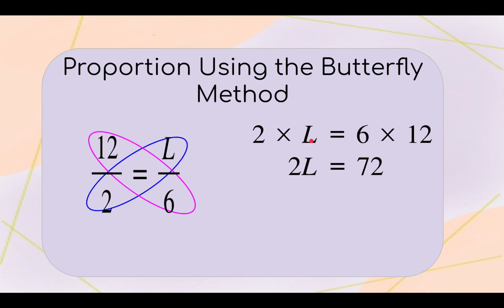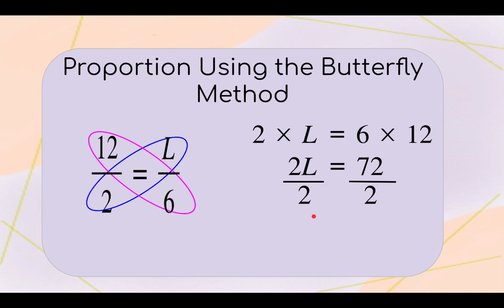But I'm trying to figure out what L is, so I need to get L by itself. So because I'm multiplying 2 times L, I need to do the inverse to get L by itself. Since I'm going to be bringing this 2 over to the other side of the equation, that's why I'm doing the inverse, because I'm moving something to the other side of the equation. So because I'm multiplying, I am going to divide both sides by 2.